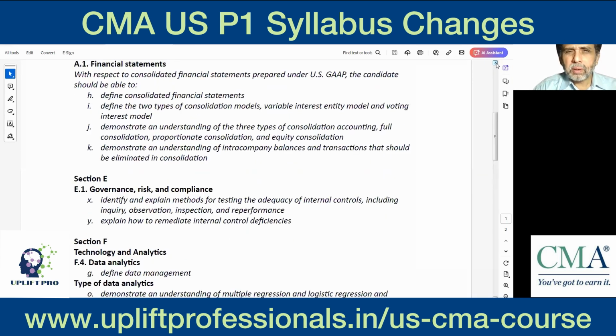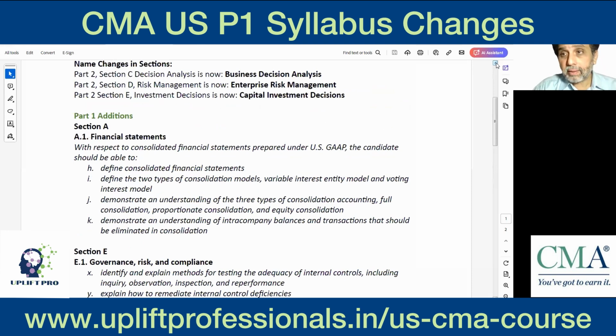Part 2, the changes are very negligible. In fact, I would say no changes. Only in professional ethics, they're giving you something extra to study regarding data ethics, about privacy, for example. When you have AI models and you're analyzing data, you should not infringe on the privacy of your clients.